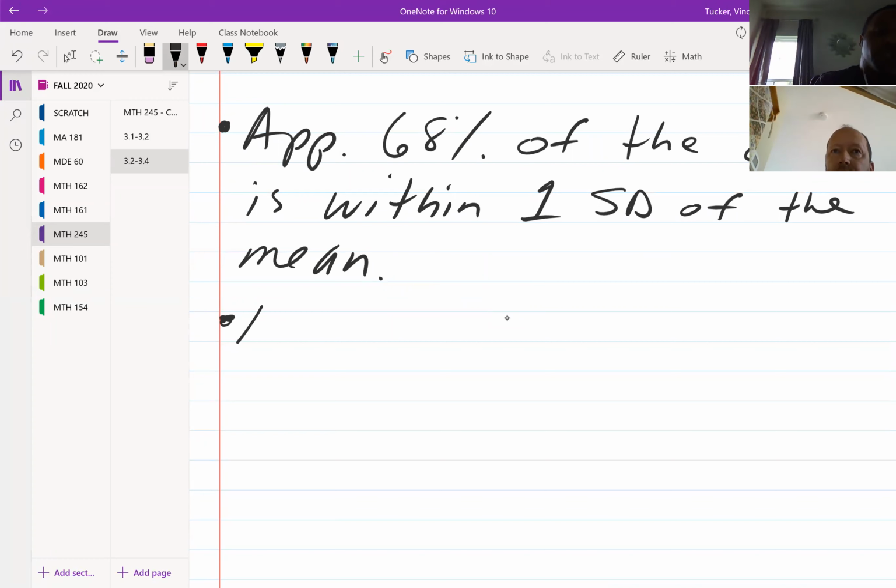The other two will be written in the same format, approximately.